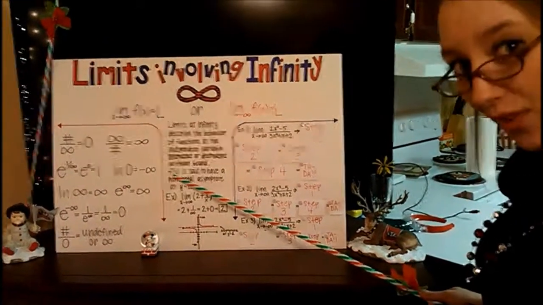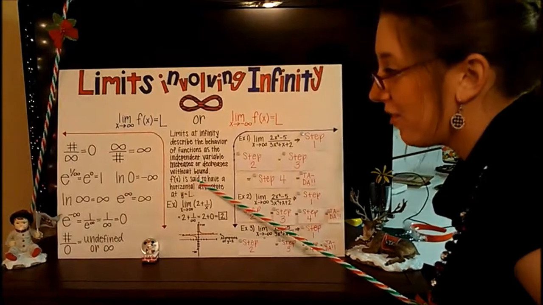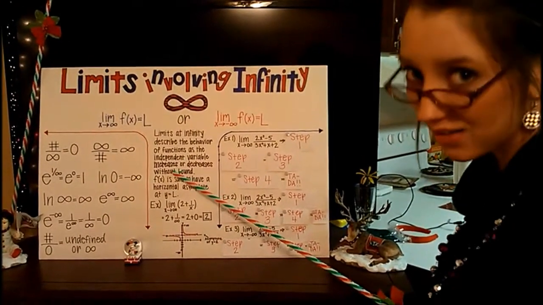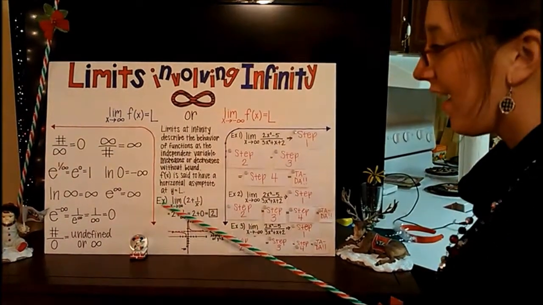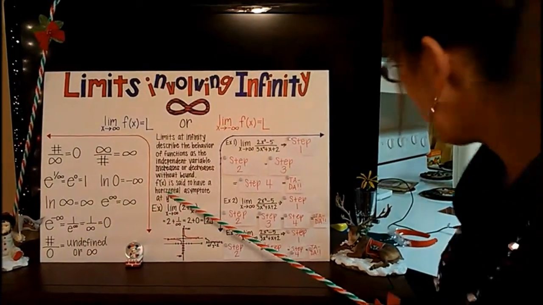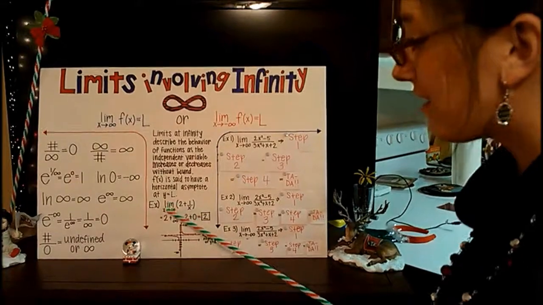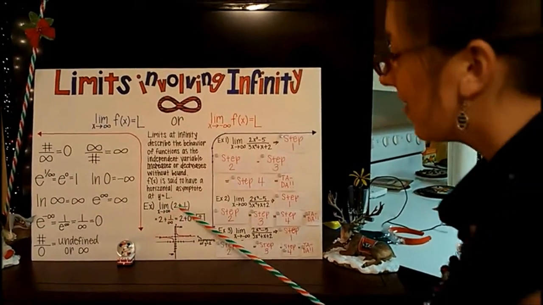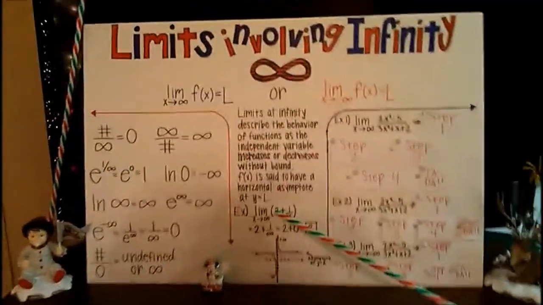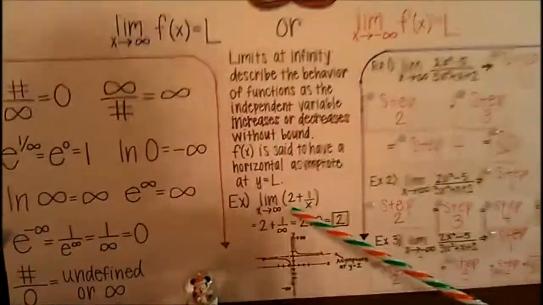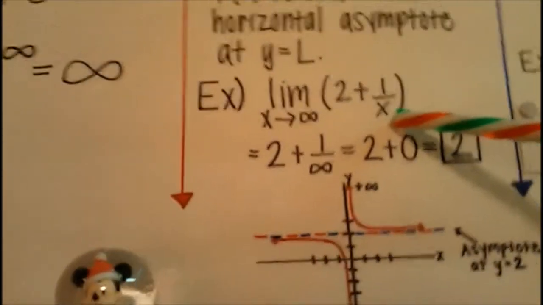The function f of x is said to have a horizontal asymptote at y equals L. An example of this is the limit as x approaches infinity of 2 plus 1 over x. To solve it, you have to plug in infinity for x.